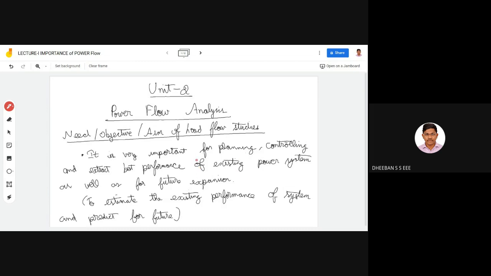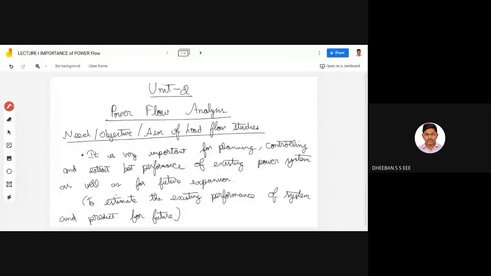So this is a default one. Whenever there's an interconnected power system, it is the responsibility of the power system engineer to extract maximum power without any disturbance to the other network. Okay, it is also needed to estimate the existing performance of the system and to predict for the future.